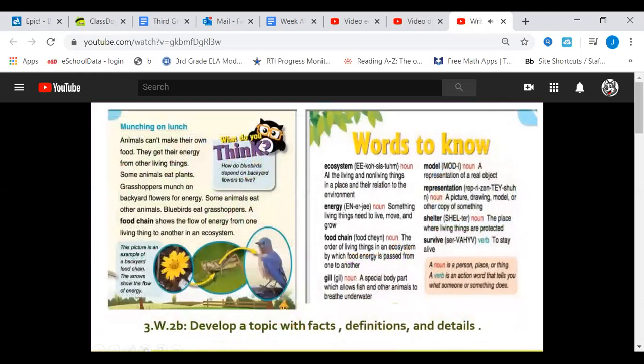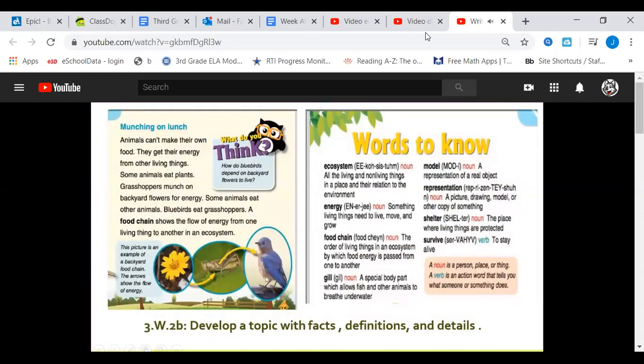Bold text means you would go to words you know, words to know, or the word glossary and find out how you say the word, what that word means, and what part of speech that word is. Model is a noun. It's a representation of a real object, right? So we need to develop a topic with our facts, with definitions and details.